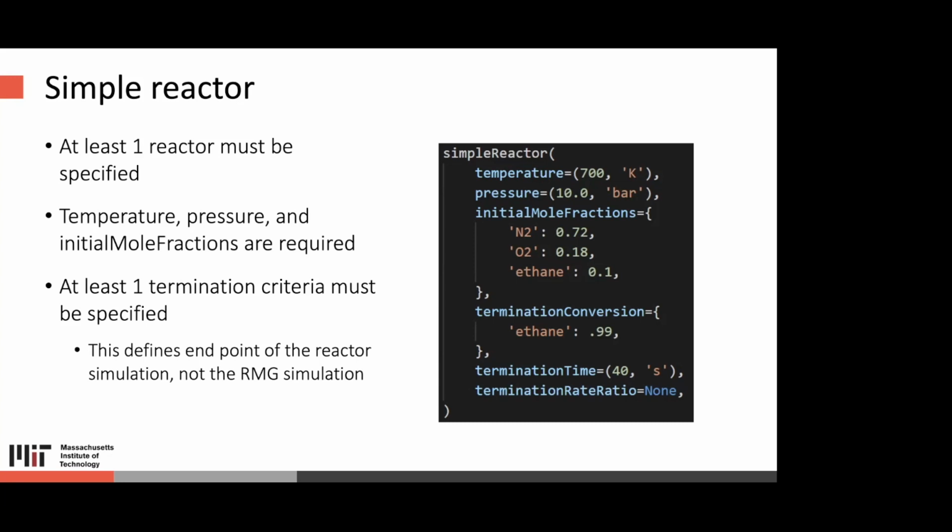If RMG is calculating the mechanism at 700 Kelvin, and I use the same mechanism in a Cantera file, for example a PFR file, and run the reactor at 500 Kelvin, how does RMG ensure that the mechanism calculated at 700 Kelvin would still work at 500?